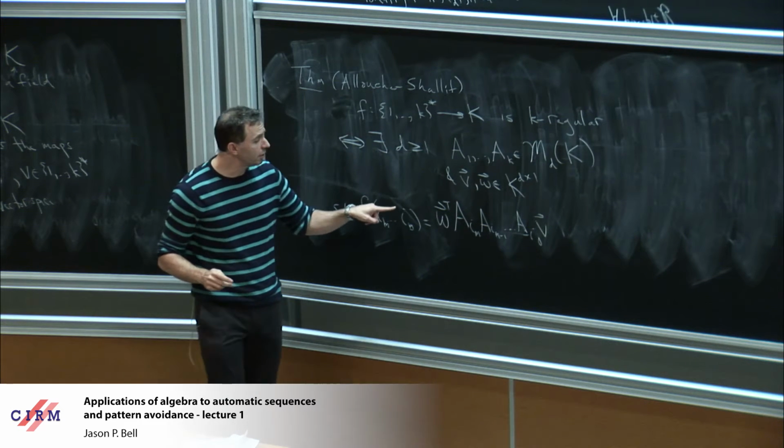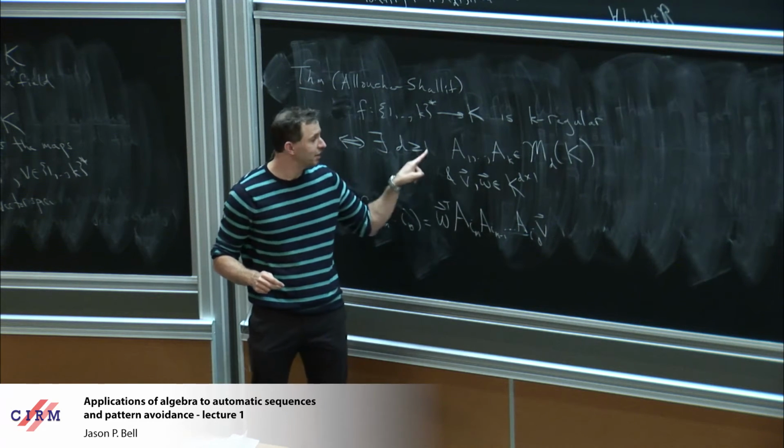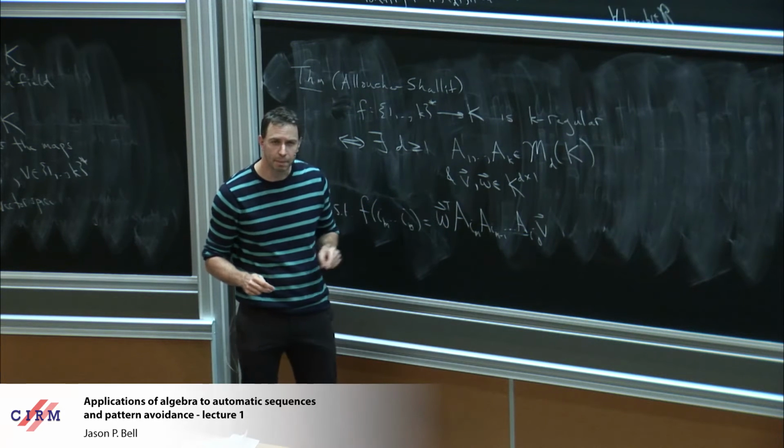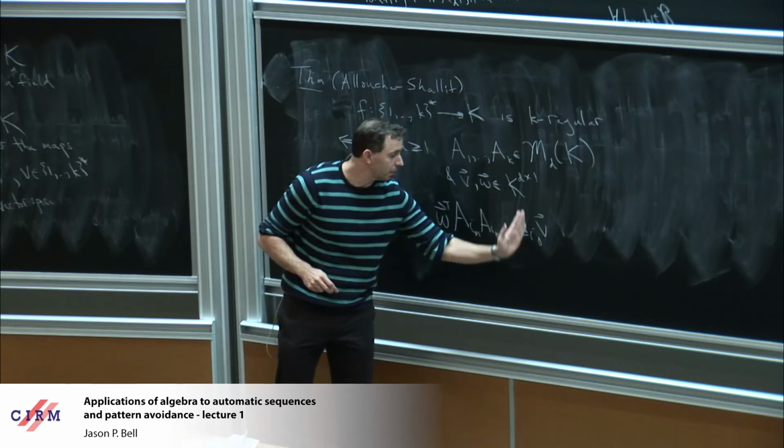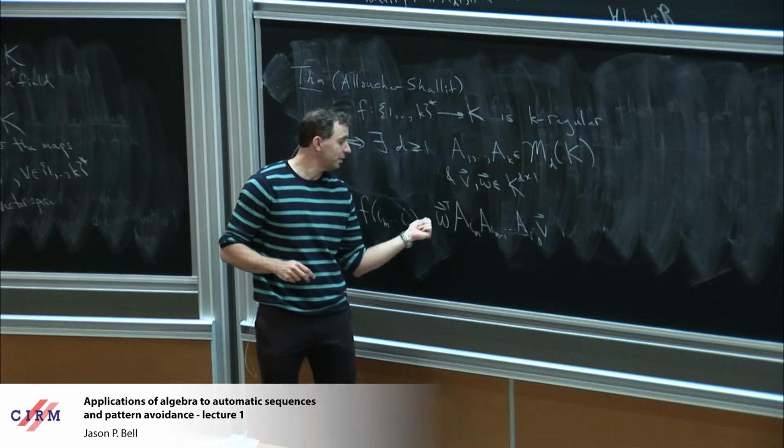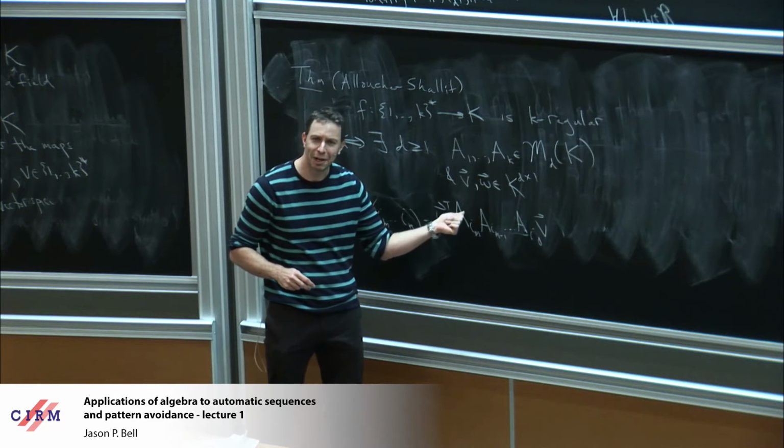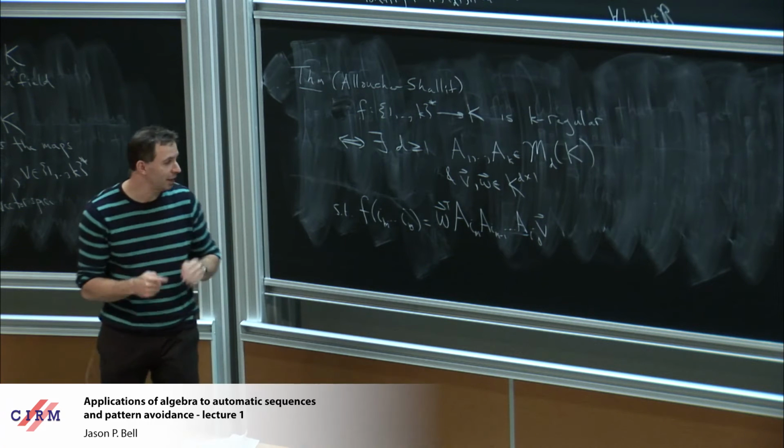I just take my word, and it corresponds to some product in the semigroup of matrices in a natural way. And then if I multiply it by this column vector, I get a column vector, and then I'm taking the inner product, the dot product, with some other vector w, so I get a scalar.